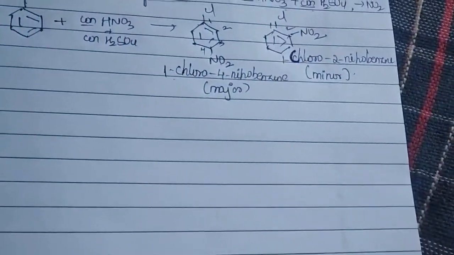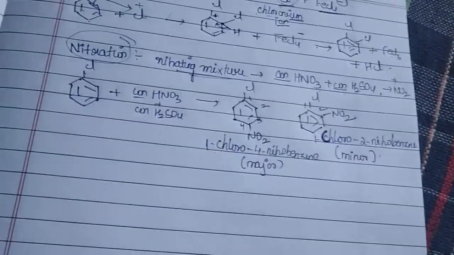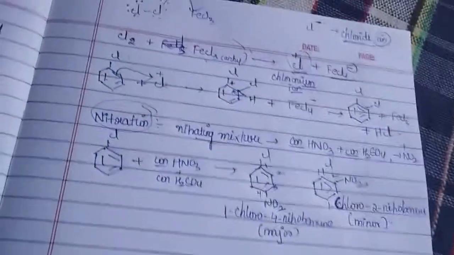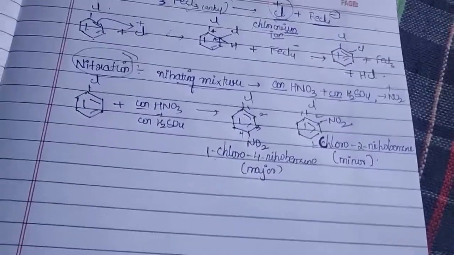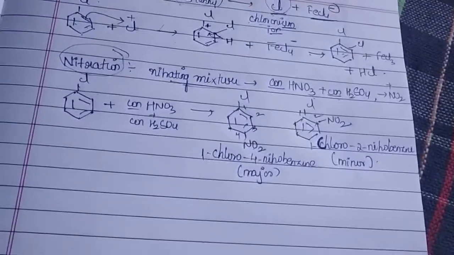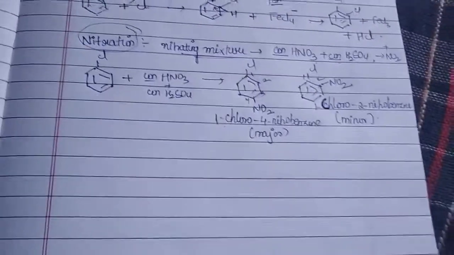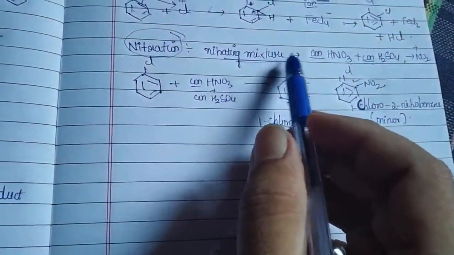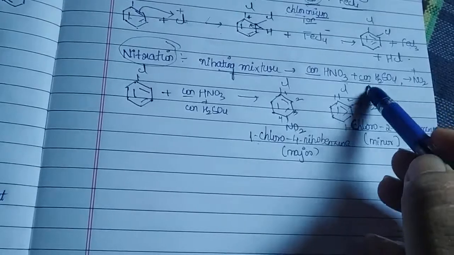Till now, what we were knowing, is nitric acid an acid or a base? I am asking you whether HNO3 is an acid or a base. Don't think it's a silly question. When I am writing the reaction, you will come to know. Basically, you can ask me, why have we chosen H2SO4 here also?